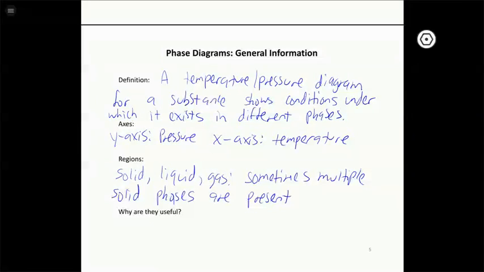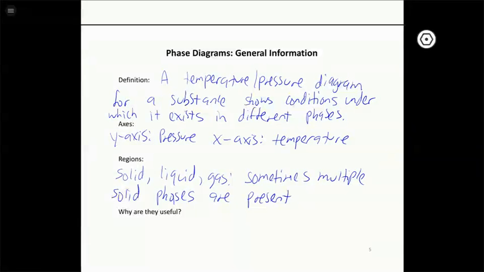So there are a lot of compounds, as you change the temperature and pressure, the crystal structure changes. So it's still solid, but it changes to a different type of structure. So sometimes in a phase diagram, we'll see one example of this today, you'll have multiple regions that both correspond to solid phases that just have different structures, but are still both solids.